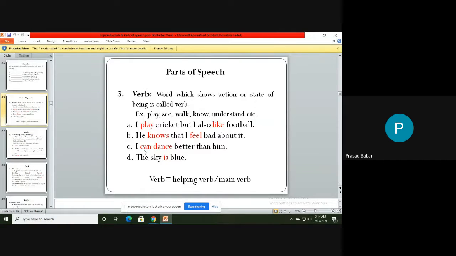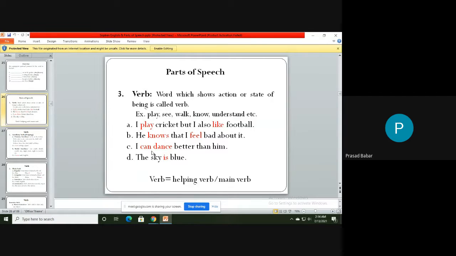In the third sentence, let's see: I can dance better than him. Here, can dance is the verb in this sentence. Also, there are two types of verbs. First is helping verb or auxiliary verb or supporting verb, and the next is main verb, which comes after the helping verb.